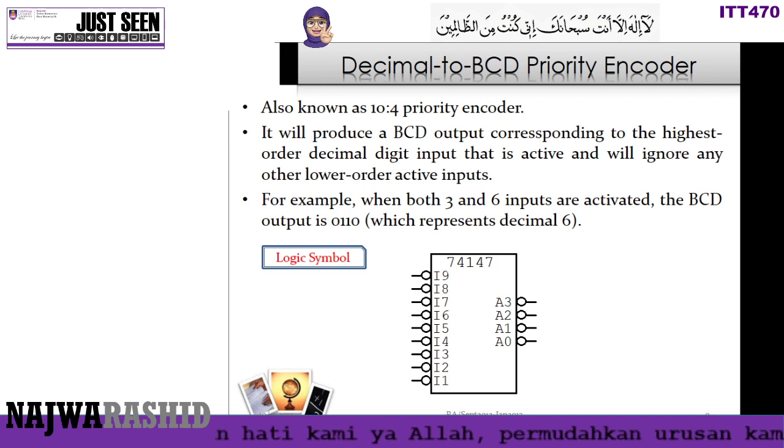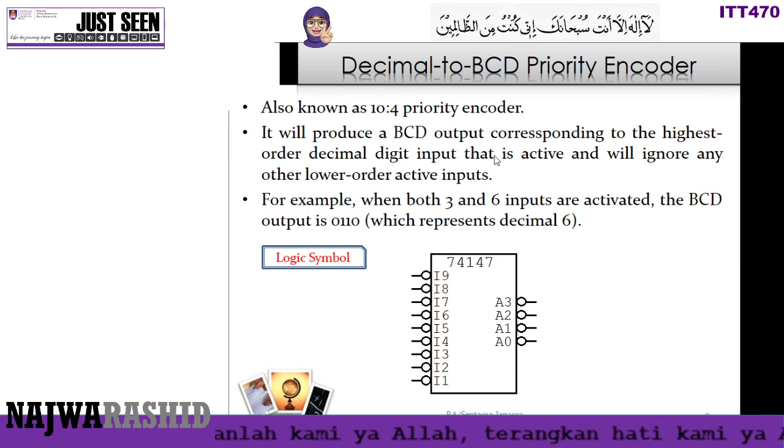So that means it only considers the higher decimal input. Let's say you press 2 numbers, it will activate the highest number. For example, when both 3 and 6 inputs are activated, the BCD output is 0, 1, 1, 0, which is referred to as number 6.